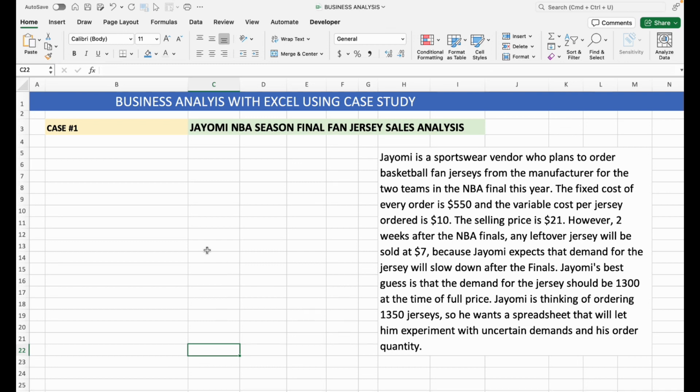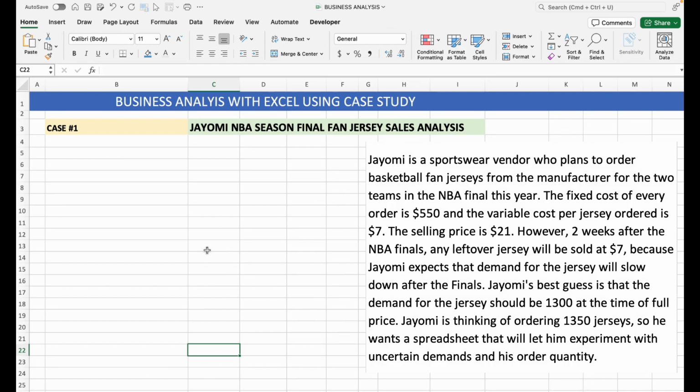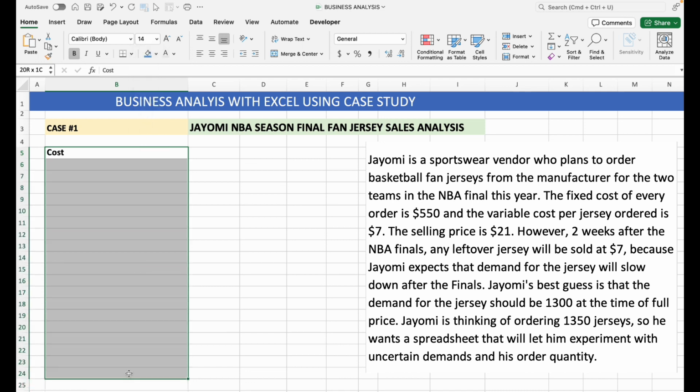The first thing we'll be doing is let's pick out the details that we're given in this case. So let's look at what we're given. The fixed cost. So let's pick out costs. So let me use a bolder font. Okay.